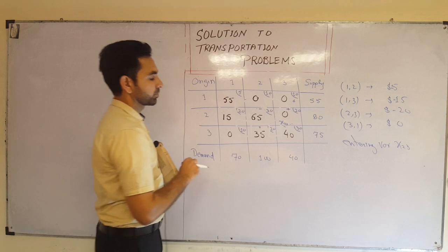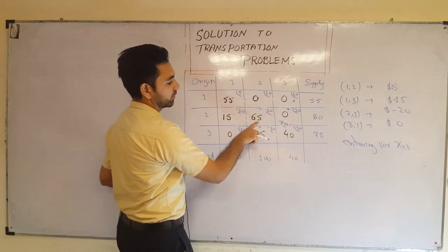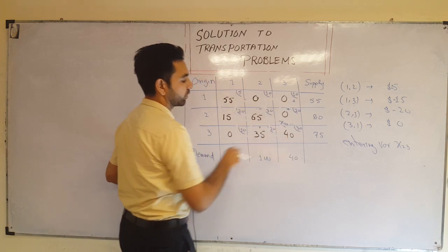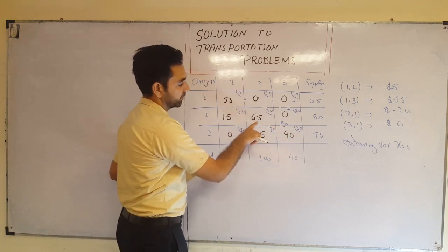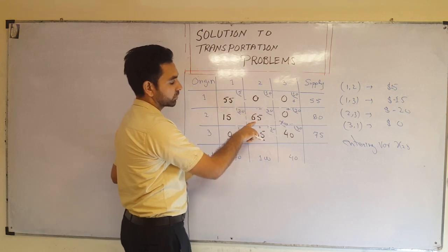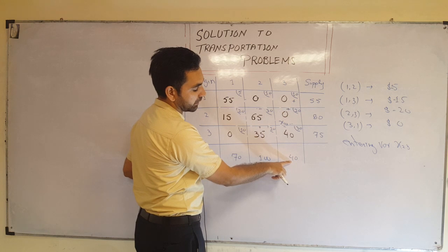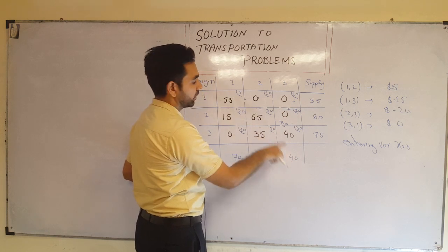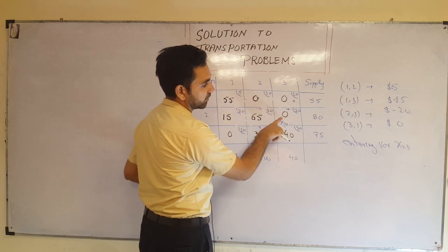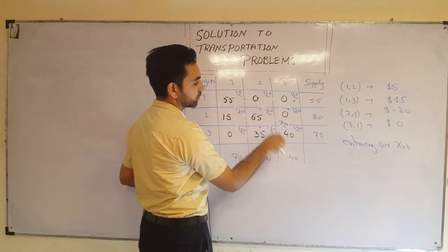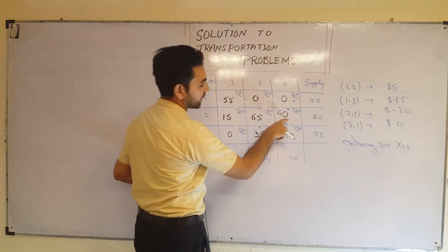So how much can we subtract? If you see, this is 65. We could take all of the 65 from here, but the demand is only 40. So the maximum we can take is 40 from here and bring it here.